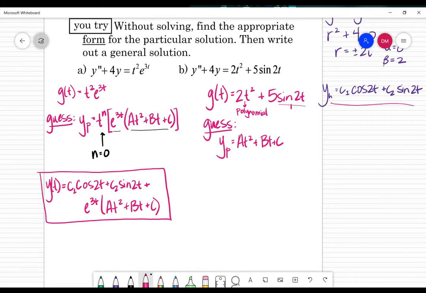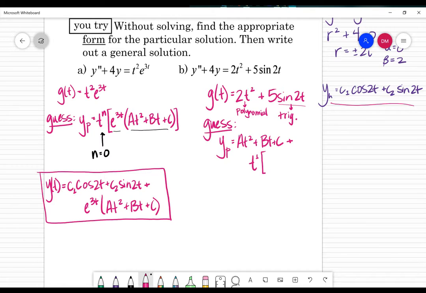And then I'm just going to add on what I'm going to do for my trigonometric. Now, I do have to keep in mind for that piece where I'm doing the trigonometric, I need an additional factor of t. So I'm going to tack on to my y sub p that factor of t, we'll say t to the first, like we had t to the nth power over there. So this will be t to the first power, which should be good enough.